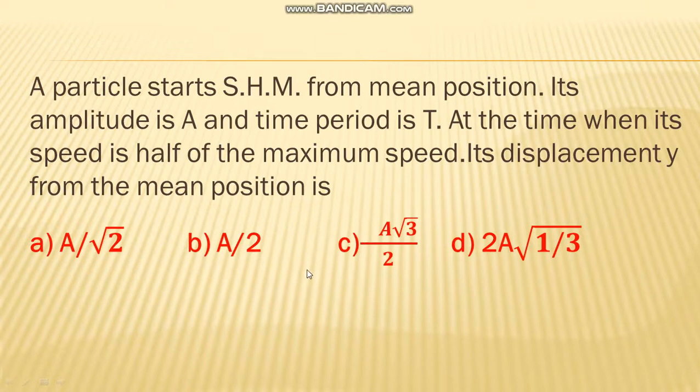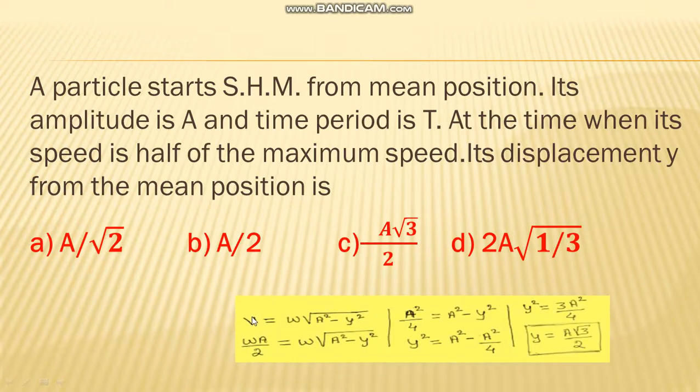Here also there are two cases. One, v is equal to omega square root of a square minus y square. But the maximum speed is omega a, so v is half of that, omega a by 2. So omega a by 2 is equal to omega square root of a square minus y square. Omega and omega cancel, and you get a by 2 equals square root of a square minus y square.